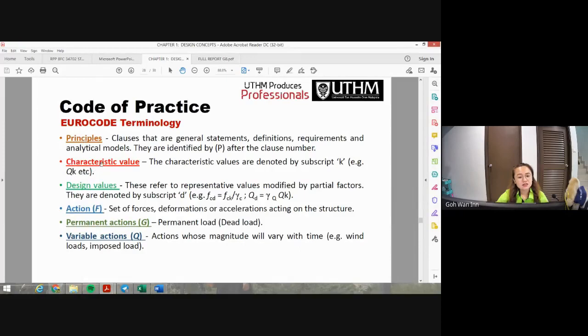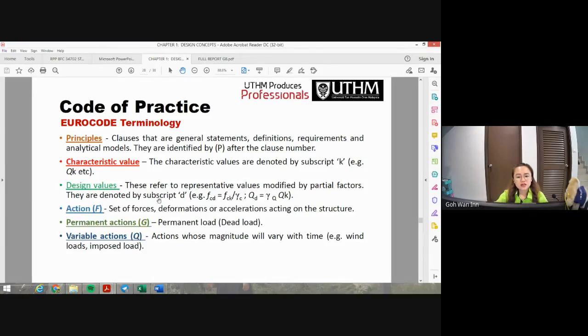And then characteristic value. The characteristic value is denoted by subscript K. K here means characteristic value, like GK, QK, FCK, FYK, meaning the characteristic value, not yet the design value.